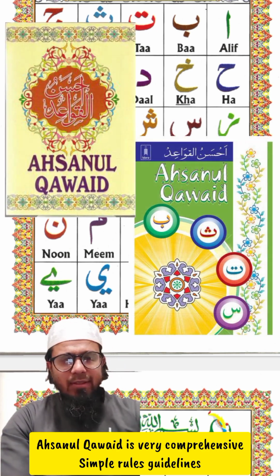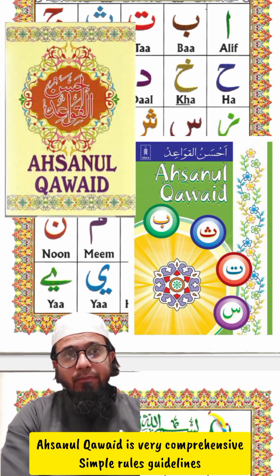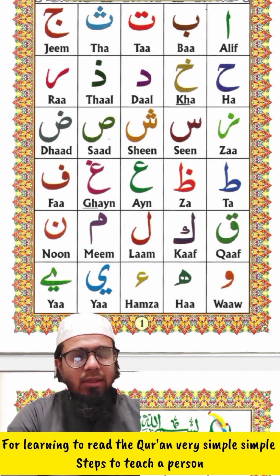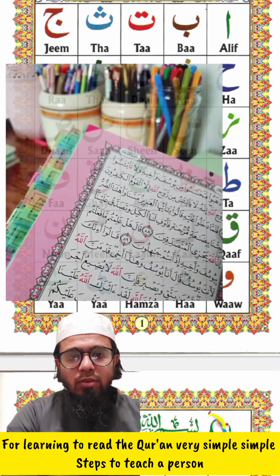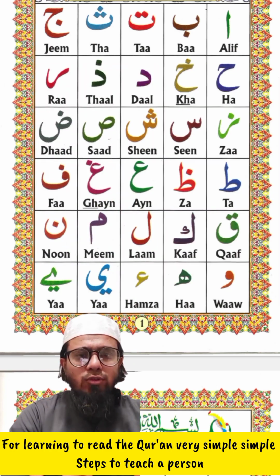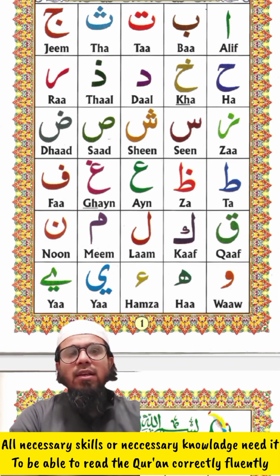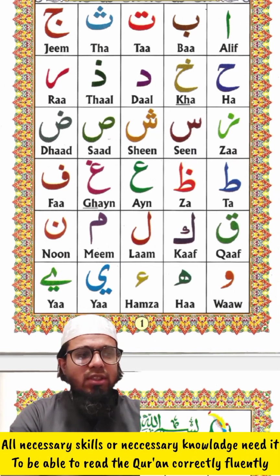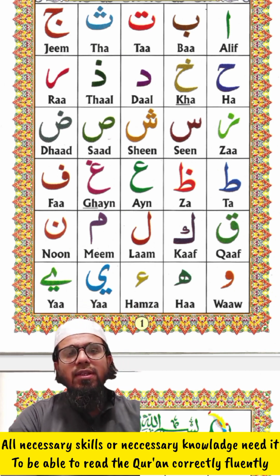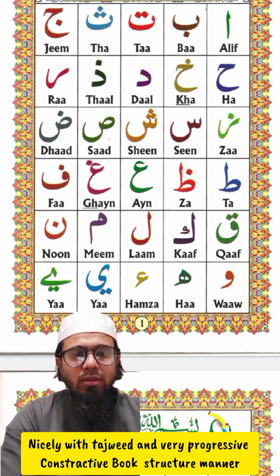Ahsanul qawaid is a very comprehensive set of simple rules and guidelines for learning to read the Quran. It teaches a person, in very simple steps, all the necessary skills and knowledge needed to be able to read the Quran correctly, fluently, and nicely with tajweed.